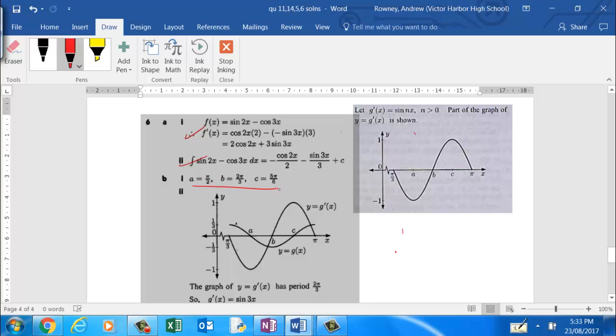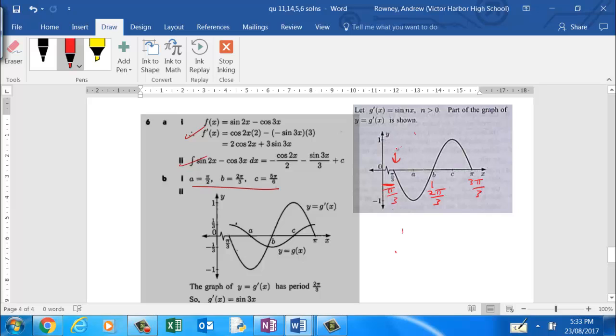Part B, to work out the A, B, C value, the way they got those values is, this is pi on 3. We can't assume that this distance here is pi on 3 because they've got that little cut squiggle. We do know this is pi. In terms of pi on 3, we could call that 3 pi on 3. So if this is 1 pi on 3, and that's 3 pi on 3, that means this must be 2 pi on 3.